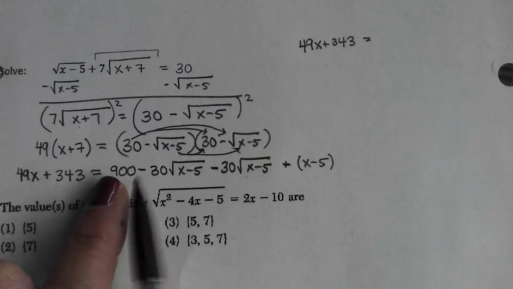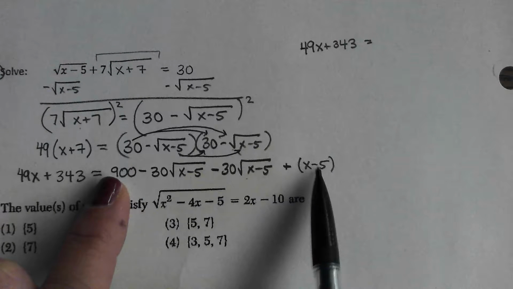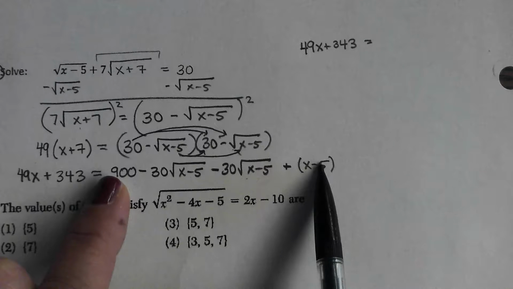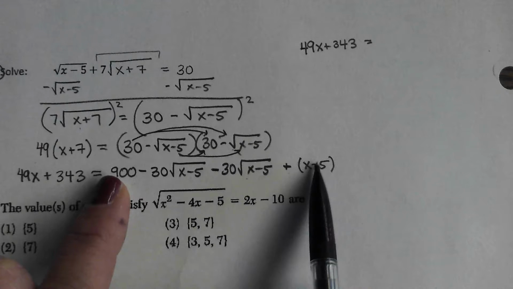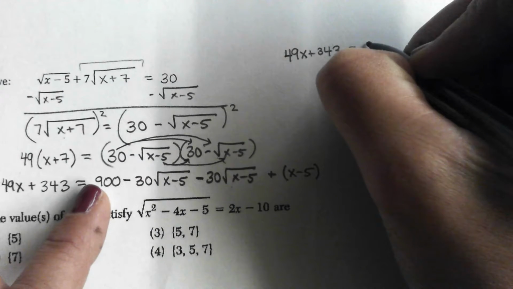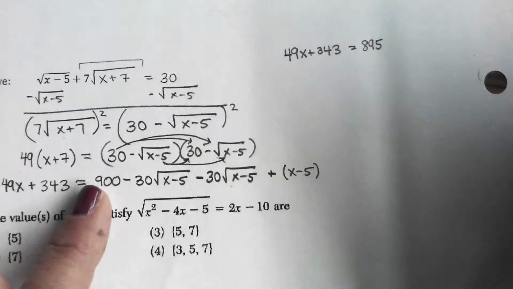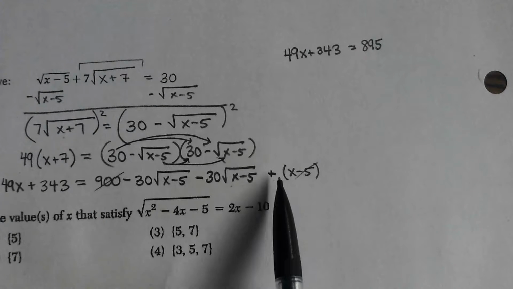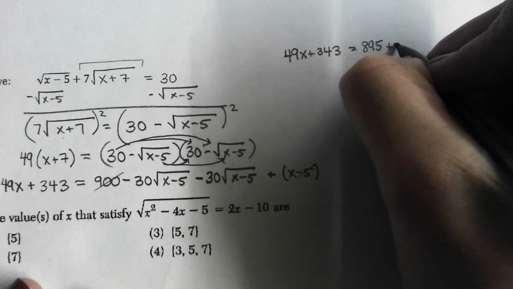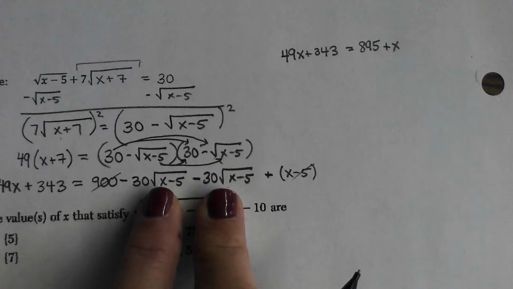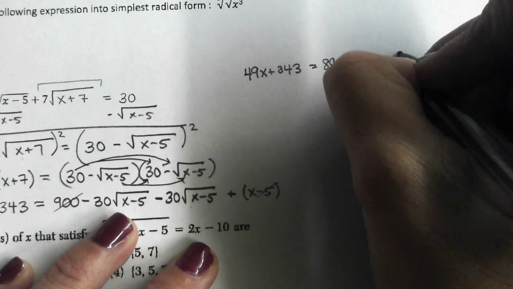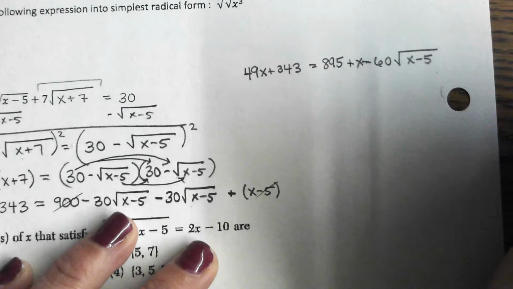I have a 900 and a plus that, though, because it's a plus sign, those parentheses don't really matter, so plus a negative 5. 900 combined with a negative 5 is going to make 895. So that covers my numbers. I have this random plus x, and then negative 30 and negative 30 of those radicals is negative 60 of those radicals.